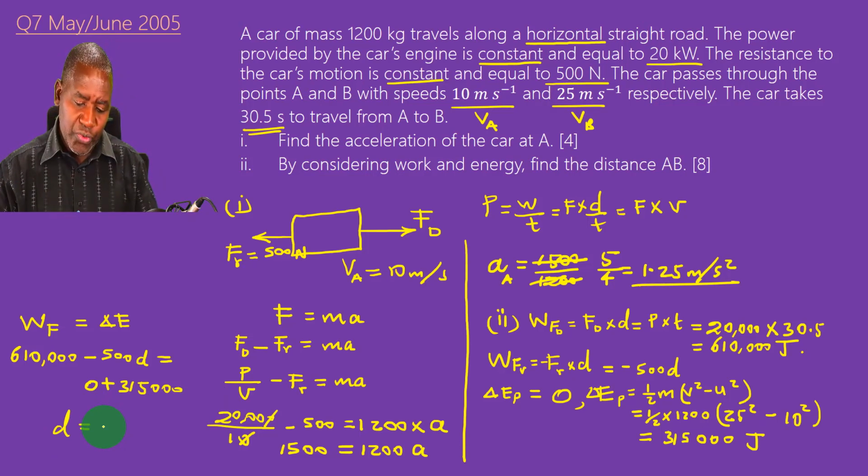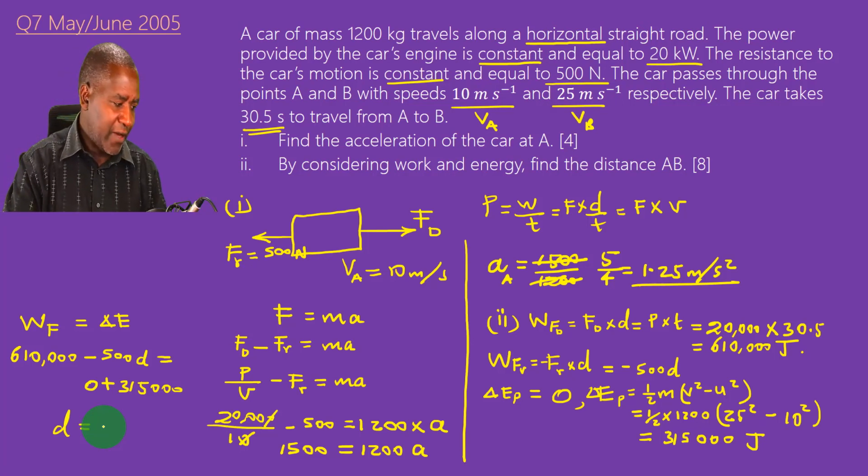I'm going to get 610,000 and subtract 315,000. I get 295,000.